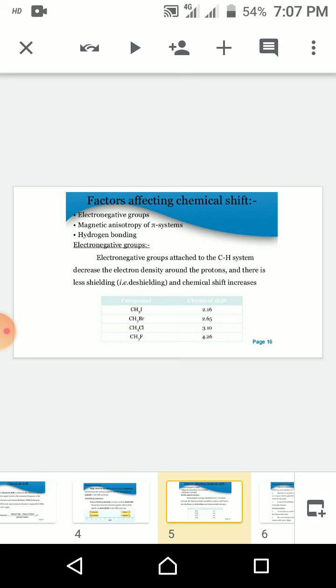First of all, we discuss electronegative groups. Electronegative groups attached to the carbon-hydrogen, that means C-H system, decrease the electron density around the proton, and there is less shielding, that is deshielding, and the chemical shift of the protons increases.